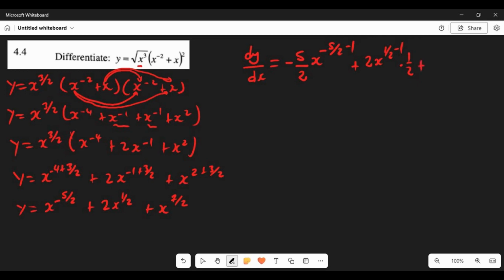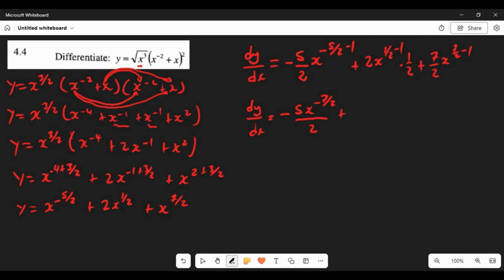Right, then we continue to the third term where we can say 7 over 2, and then we have x to the power of 7 over 2 minus 1. So when we continue and simplify this one here, this is going to give us negative 5 x to the power of negative 7 over 2 divided by 2.